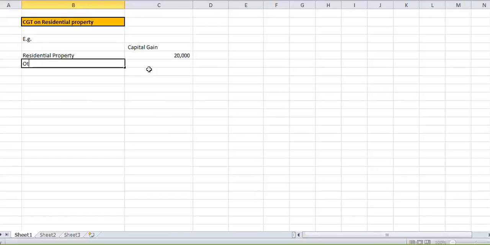And we have other capital gains, other than residential property. So other than residential property, we have capital gains of say £40,000.